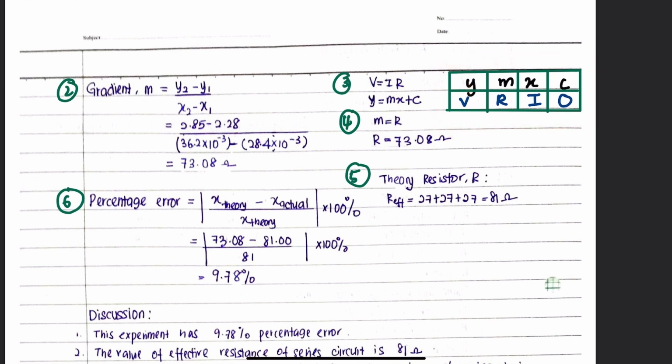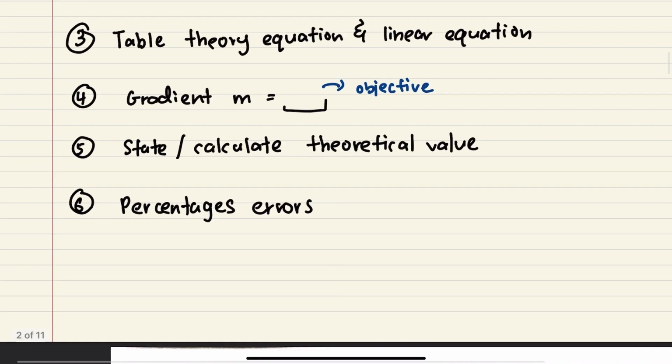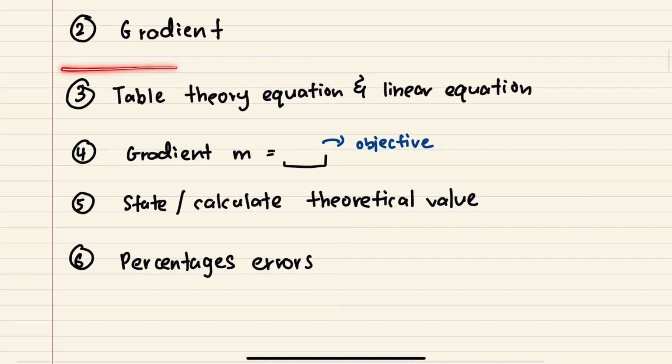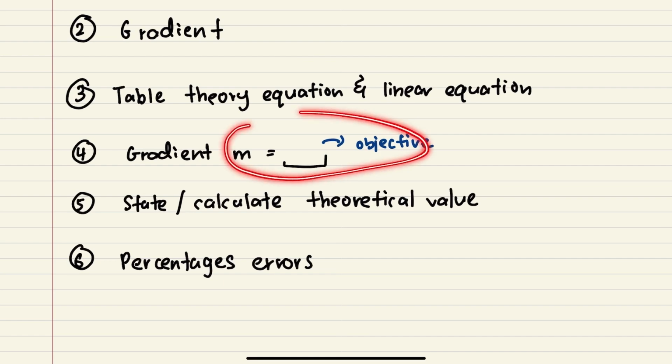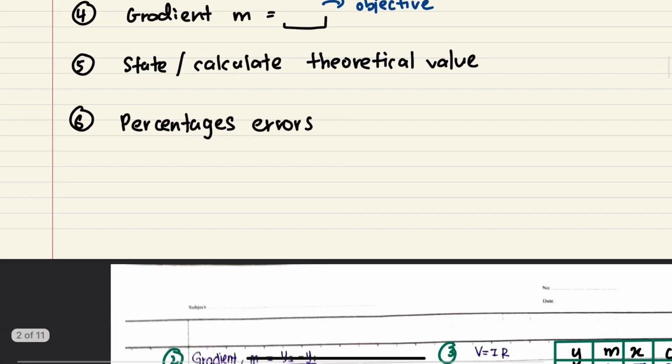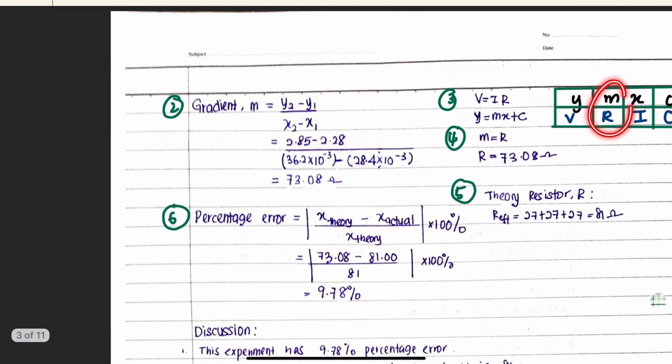Once you compare from the table, you have to find the values that the objective wants you to find. In this case, they want you to find the R in this experiment. So you have to write down how you relate m with R. In this case m is equal to R, so straight away m equals R is this value.